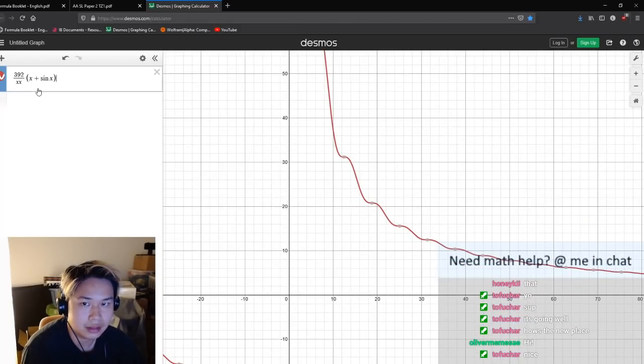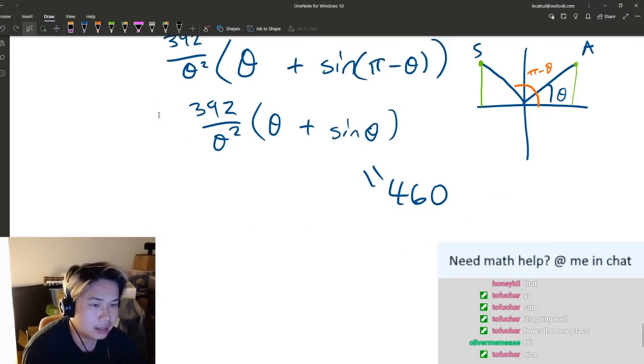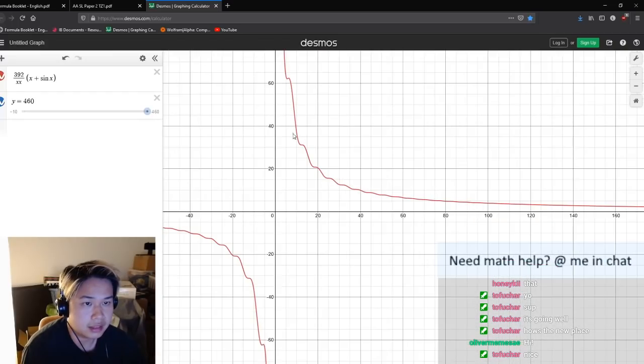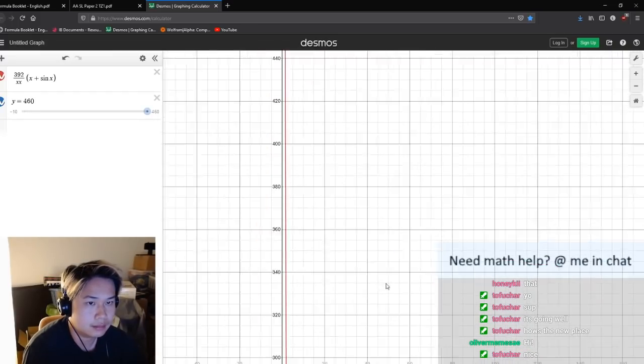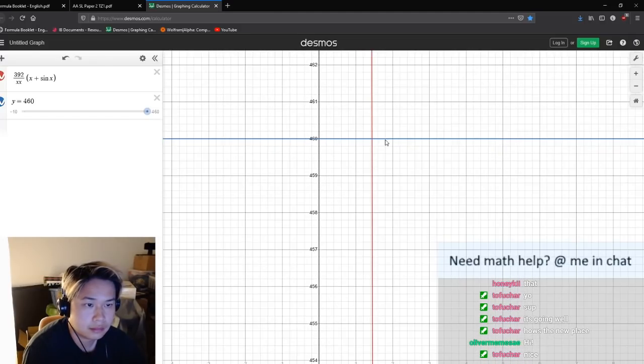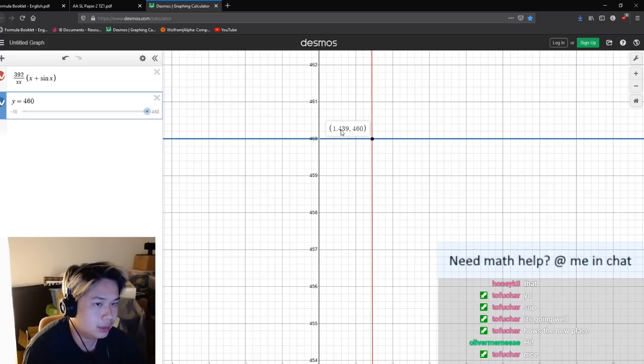That looks pretty cool. Anyways, and then this is equal to 460, which is all the way up here. So here is my value of theta, 1.44.